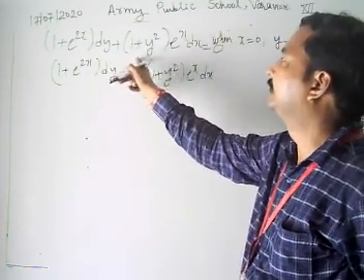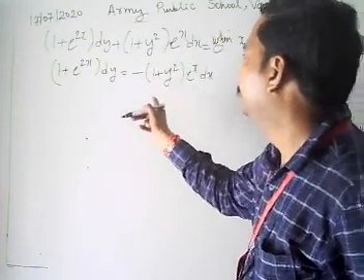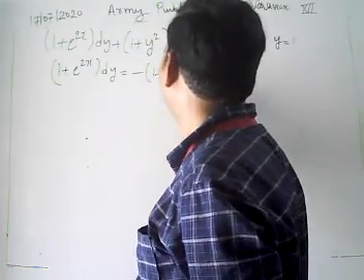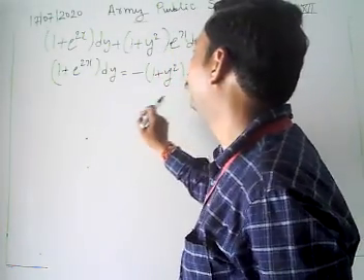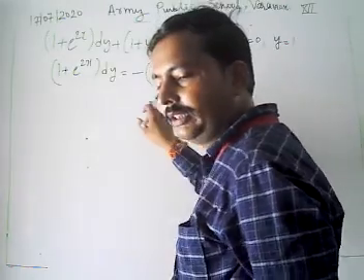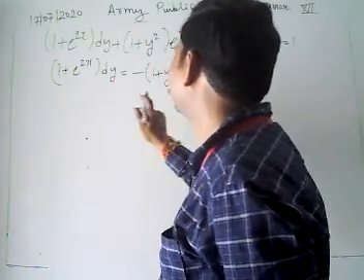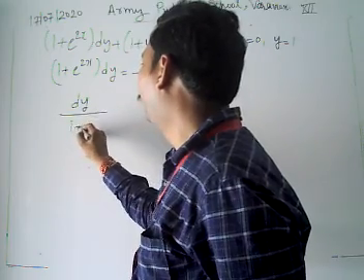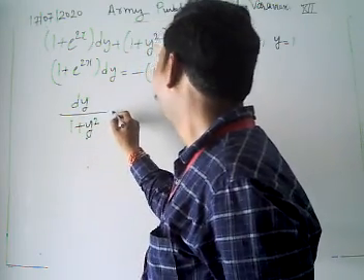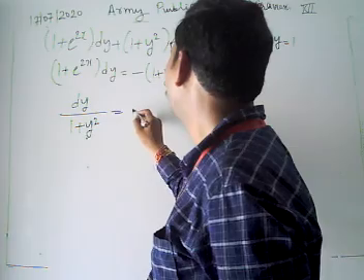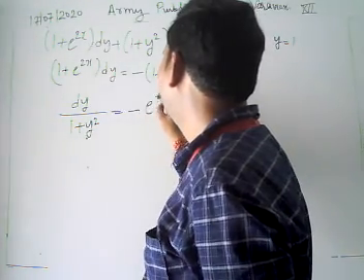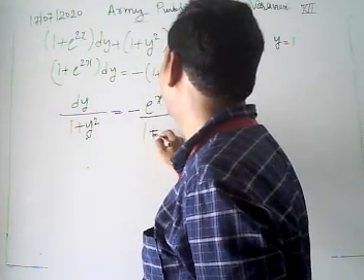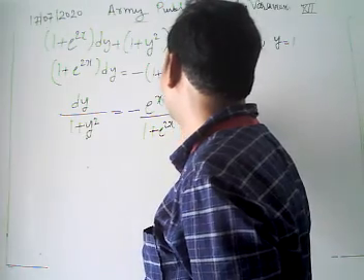Shifting these terms to the right side, we shift e to power x dx so that the variables are on the right hand side. Then dy upon 1 plus y square is equal to minus e to power x upon 1 plus e to power 2x dx.